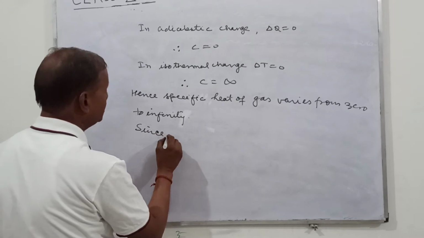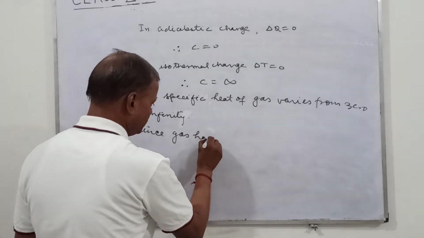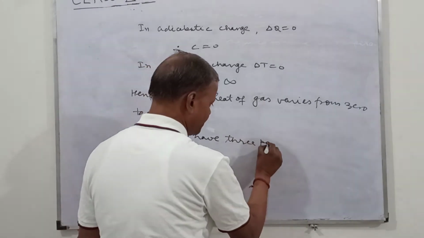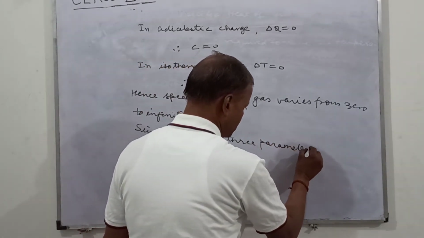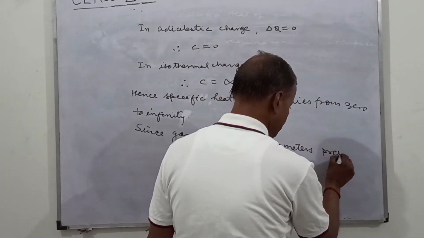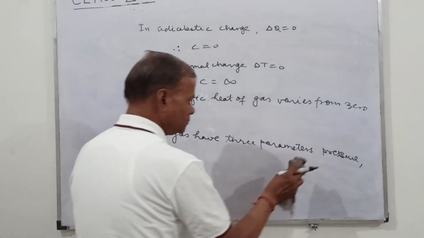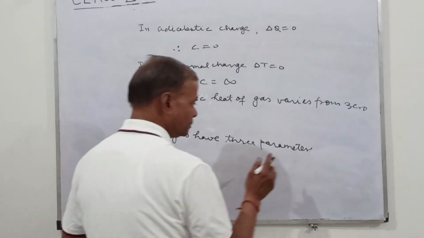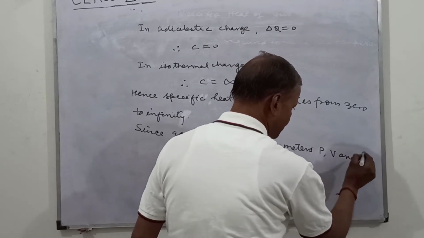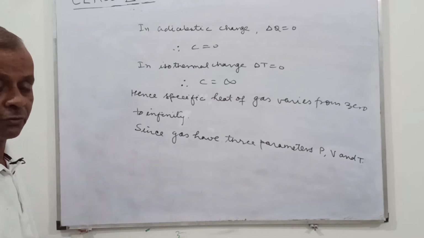Since gas has three parameters: pressure, volume and temperature, P, V and T, to increase the temperature we have to keep either P or V constant.